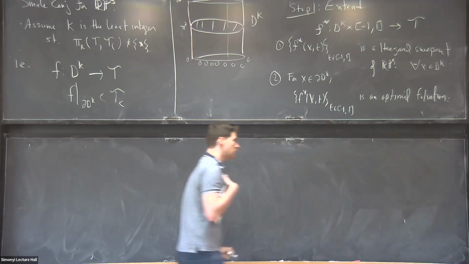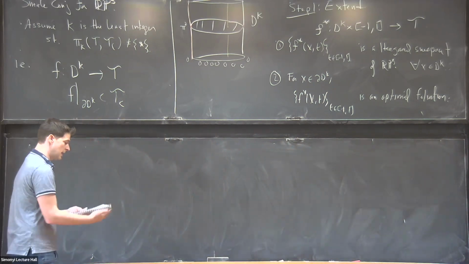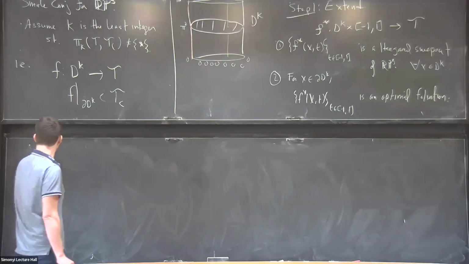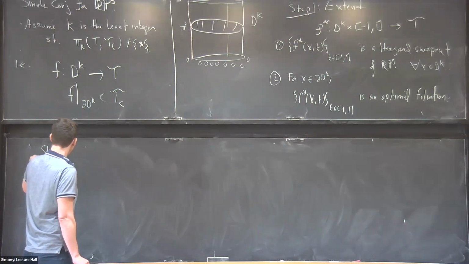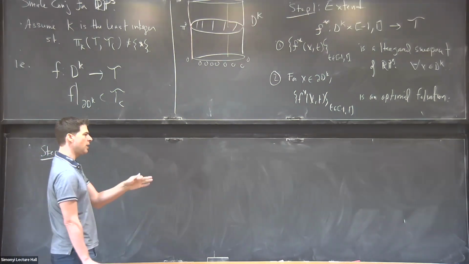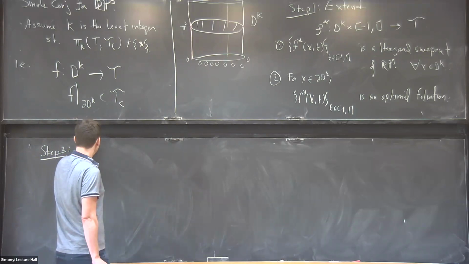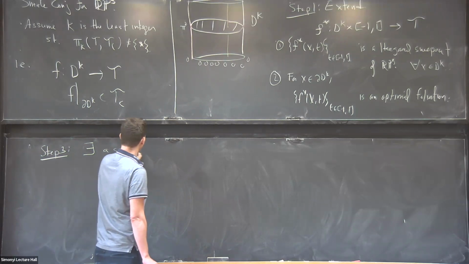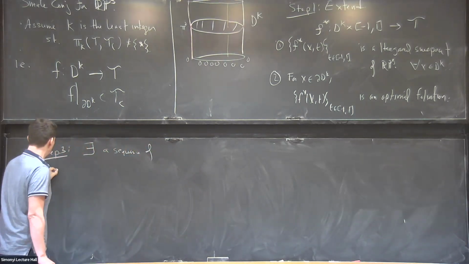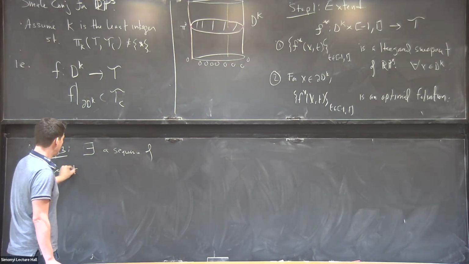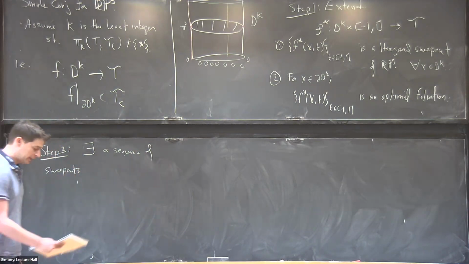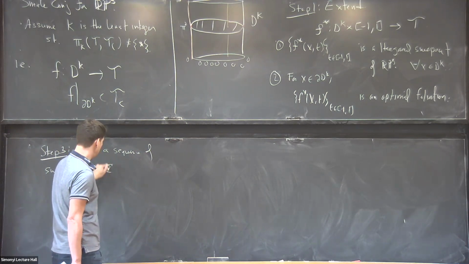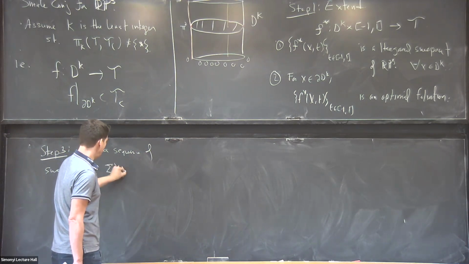Right, so since the width is equal to pi squared, this is the next step, step 3. Because the width is equal to pi squared, it means that there exists a sequence of sweep outs in this homotopy class pi. I'll write it as sigma_i(x, t).